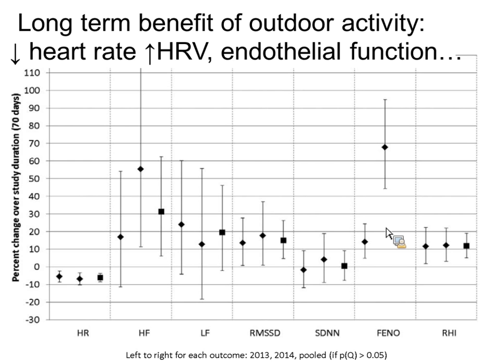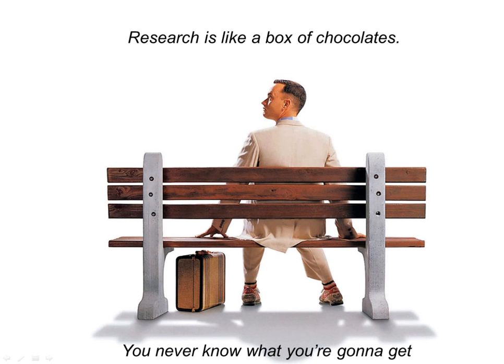But in any case, it may not be particularly surprising based on what we know from the literature about benefits of physical activity that we might have seen this, but it was still a little bit unexpected that we saw this so consistently. So it just goes to show that research is kind of like a box of chocolates. You just never know what you're going to get.